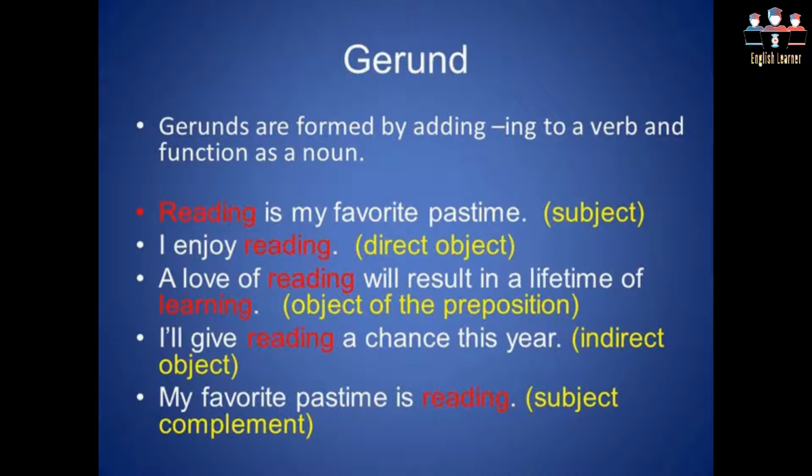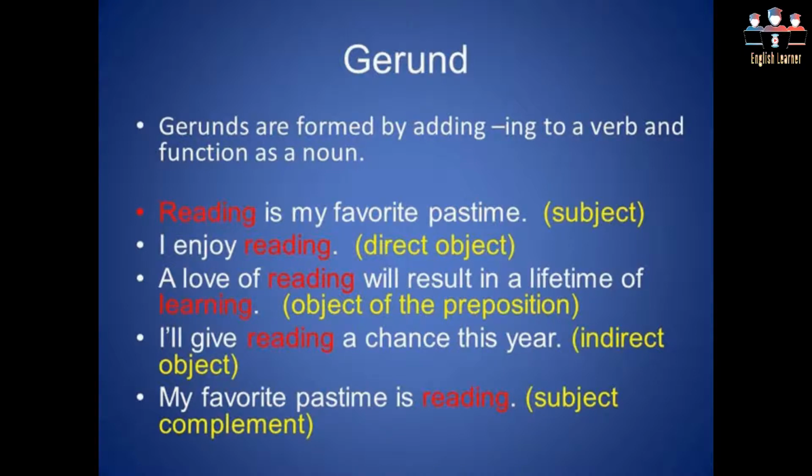Example number 3: A love of reading will result in a lifetime of learning. In this example, reading is used right after a preposition and it is used in place of an object as well. So reading is the object of a preposition in this example. The next example is very interesting: I will give reading a chance this year.